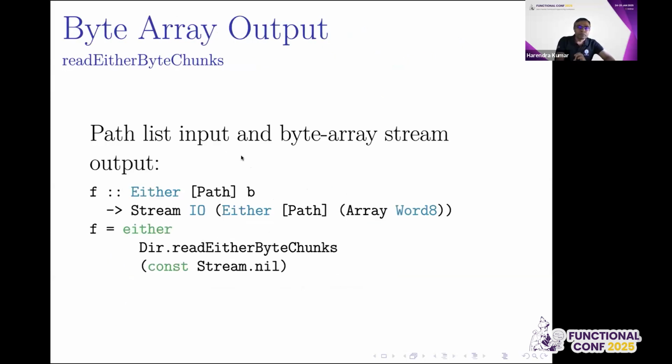Now, byte array output. Instead of generating a list of paths, we'll be generating a byte array output directly from our directory reading combinator. It takes a list of directory paths, and then generates the output paths in an array. So it directly batches it in the combinator itself, rather than threading them around in the entire loop.